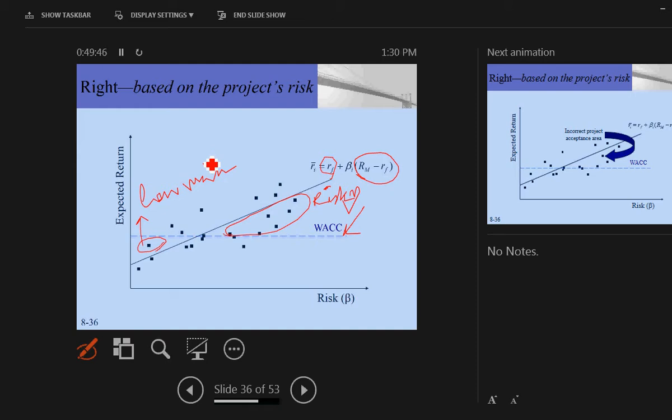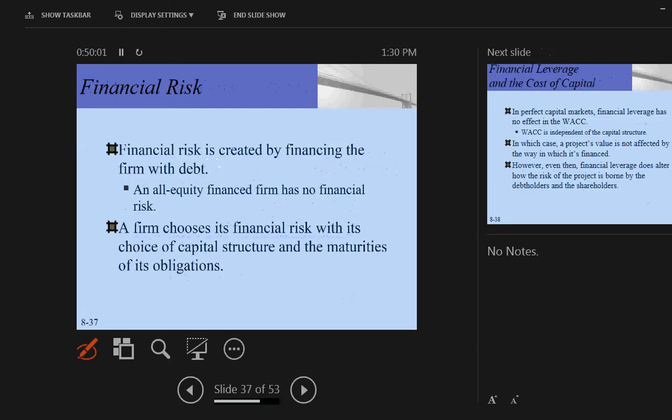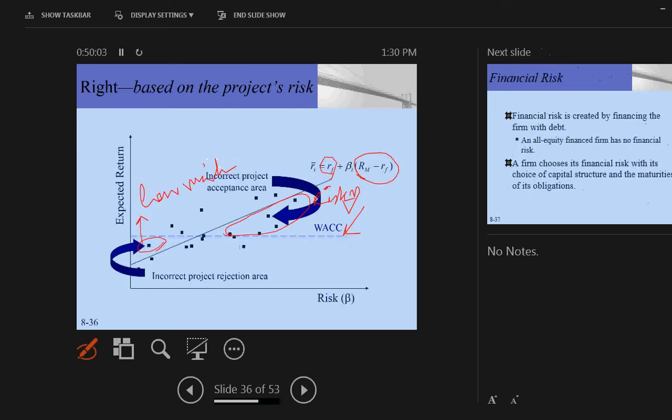So the way you really want to think about capital budgeting is always to incorporate the risk associated with a project, not just the weighted average cost of capital of the whole company. That's wrong to do. Okay? So this is a very, very, very important picture, and everybody should understand what this means and how this is related to our arbitrage arguments that we had last time.